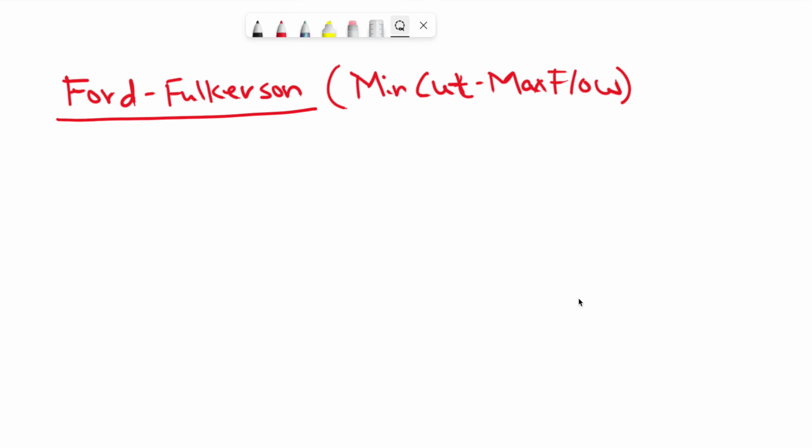So for example, if you have a road network and you wanted to figure out where is the bottleneck, where are all the cars getting stuck or congested, and what is the maximum amount of flow of cars that can happen from one point to another given the graph.